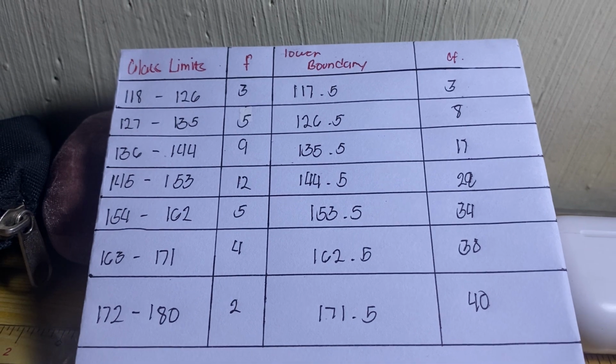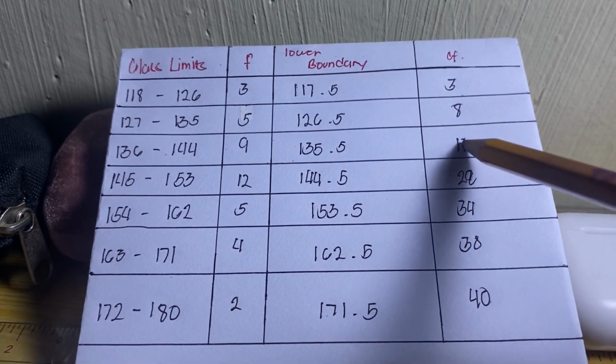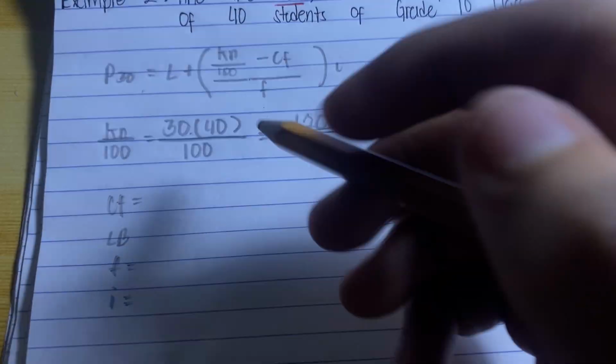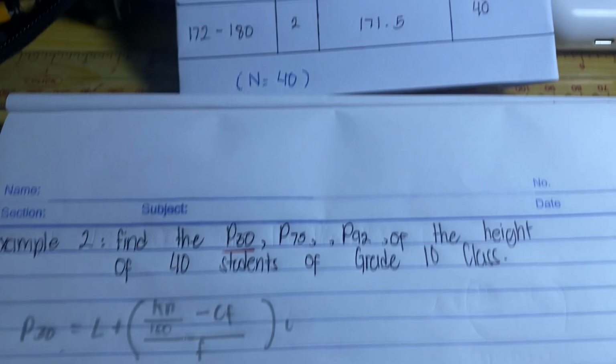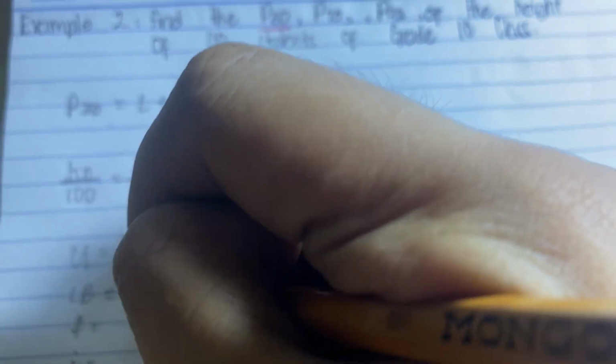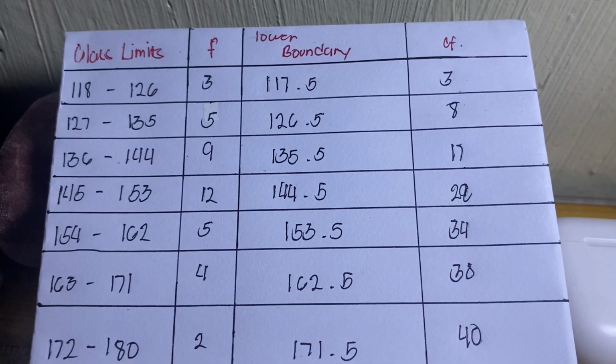So, let's write down the cumulative frequency, which is before the percentile class, and that is number 8. So, write down natin siya dito. 8. So, next is yung lower boundary natin, which is 135.5. And next is the frequency, which is number 9.